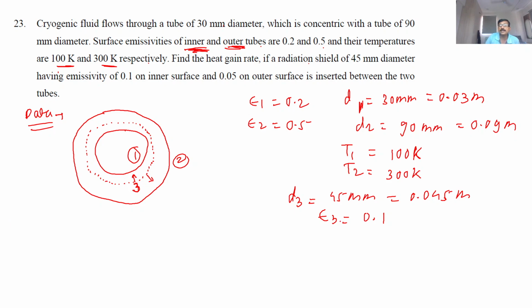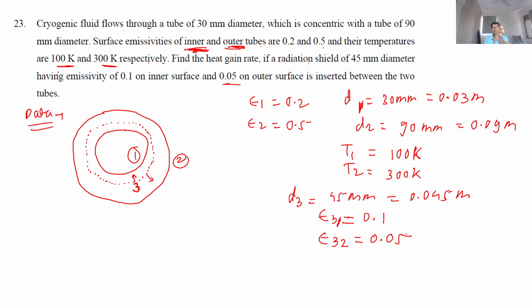So epsilon 3 towards 1, that is inside, epsilon 3,1 is 0.1, and towards outside, towards 2, epsilon 3 towards surface 2 is 0.05. So this shield has different emissivity at this surface and at that surface.